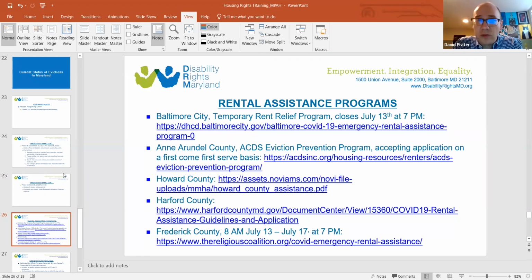And so if you have a resident who is behind on rent, then I would highly encourage you to think about helping them apply for emergency rental assistance. And this is something that our office is also helping people do.